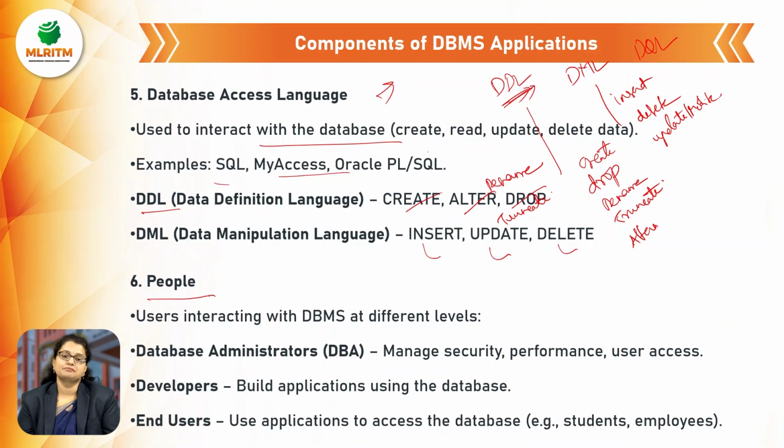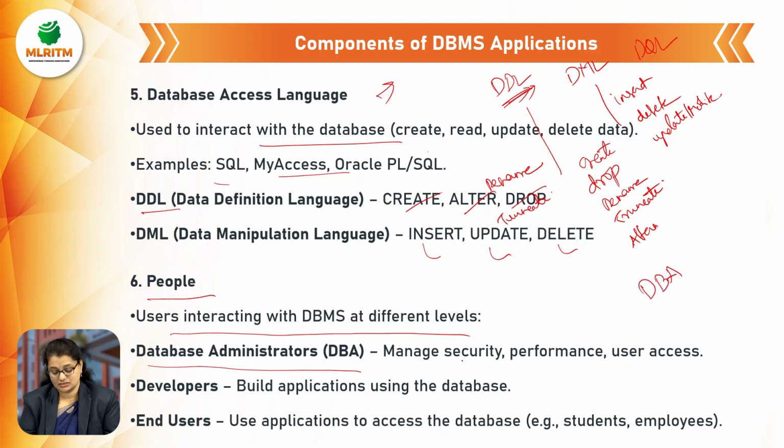The next one is people. This is very important because the people are those directly or indirectly involved in this particular application. User interaction with the DBMS happens at different levels, so from start to end, how the user gives their involvement. And the data administrator, this is the DBA.